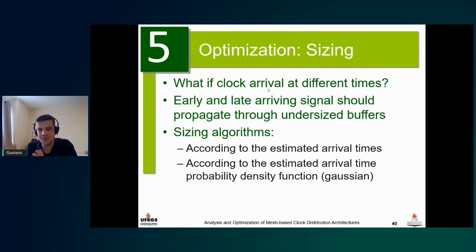We want to have only the buffers that are closer to the mean arrival time at the nominal size. There are 2 sizing algorithms that were proposed. One sizes the buffers based only on the mean of the arrival time, assuming that we have only a nominal delay estimation, and another one treats the delays as probability density functions and tries to size the buffers according to that.